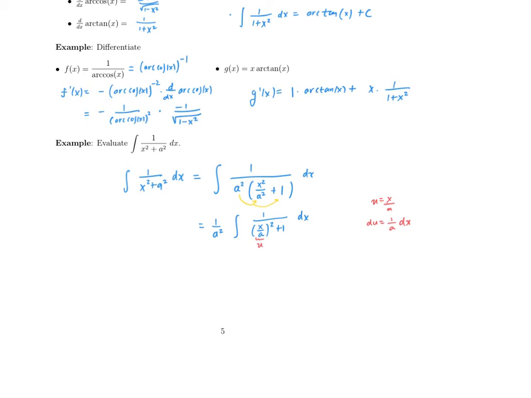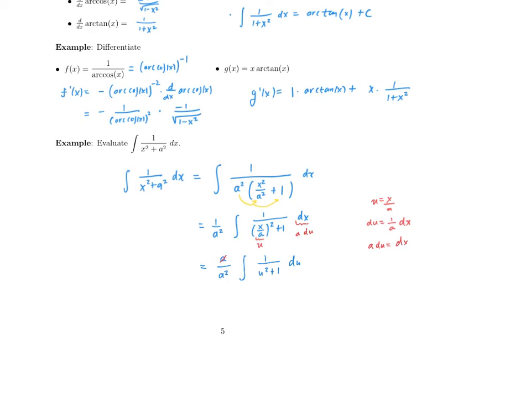So to finish writing our integrand in terms of u, simply note a times du is dx. So a is a constant in front of the du, which we can pull in front of our integral. And when we do that, we would have an a that we pulled out, and then dividing by the a squared, which is already there, integral of 1 over u squared plus 1 du.